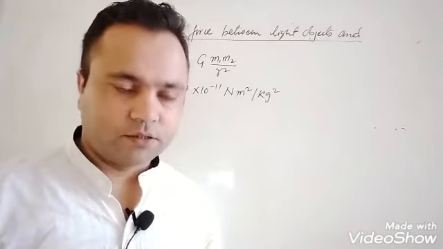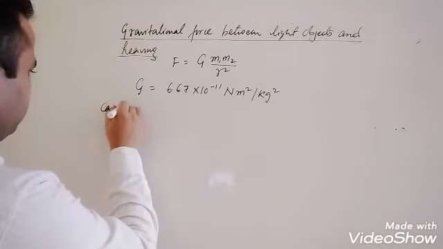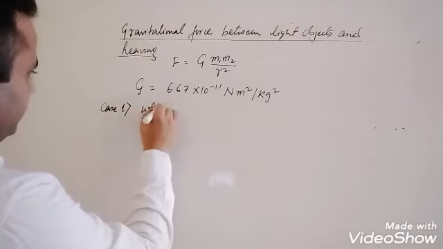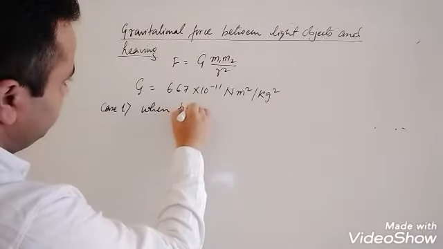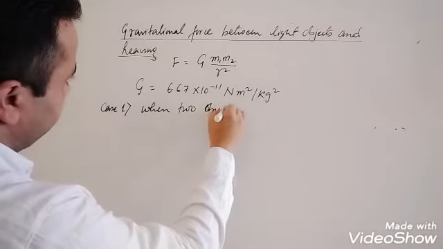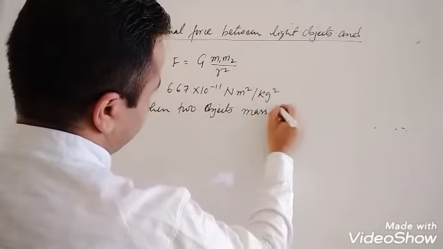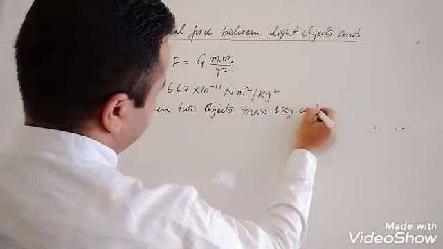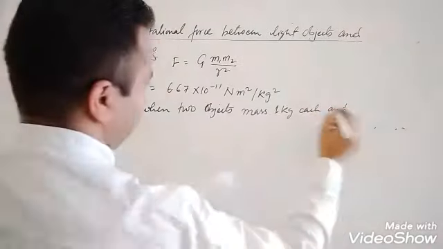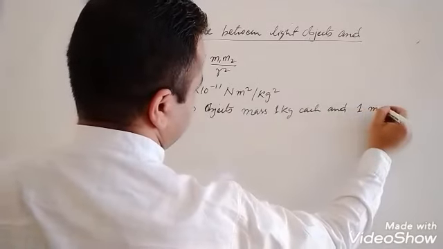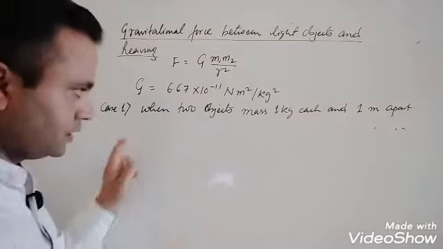Case 1: when two objects of mass 1 kg each are 1 meter apart. So this is case 1.